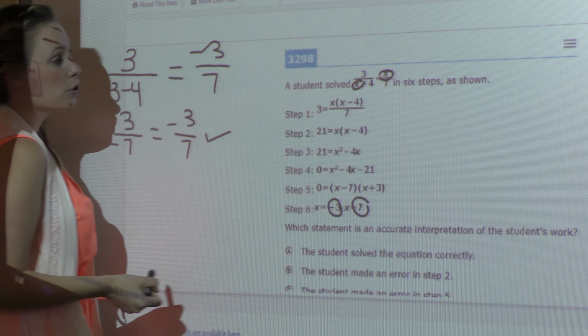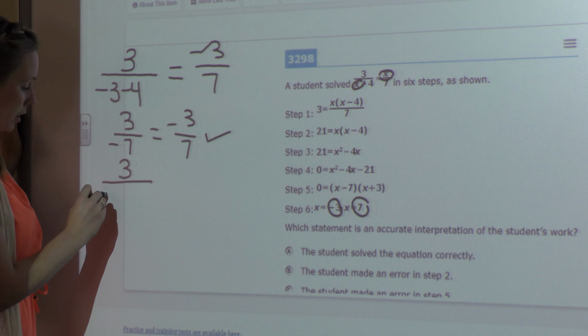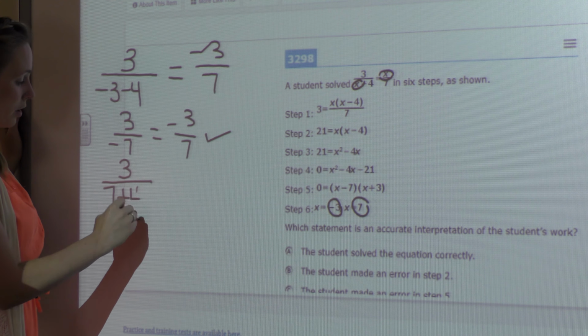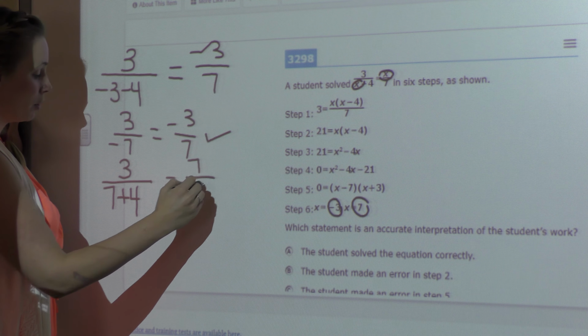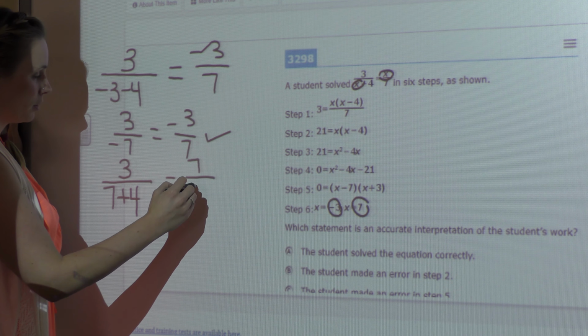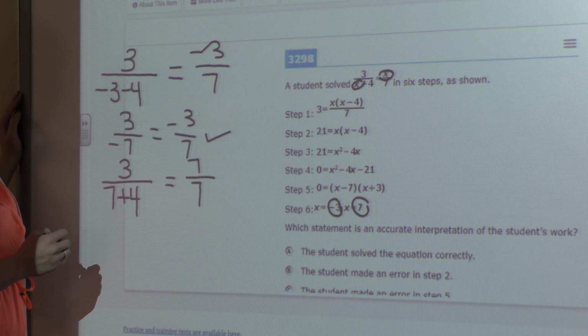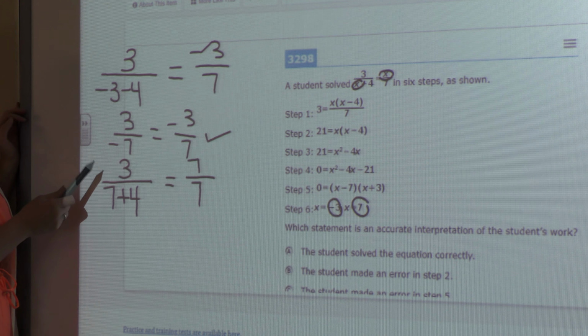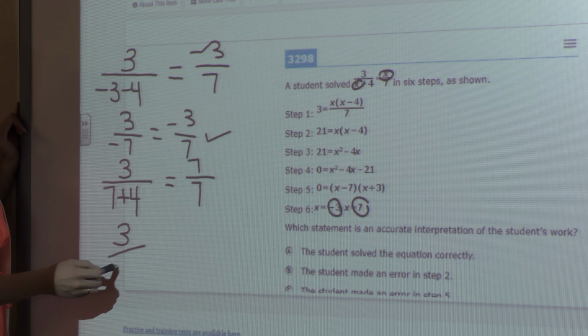Now I'm going to plug 7 in and try it again. So 3 over 7 plus 4. And is that equivalent to 7 over 7? Did I plug it in correctly? Okay. So this is going to be 3 over 11.